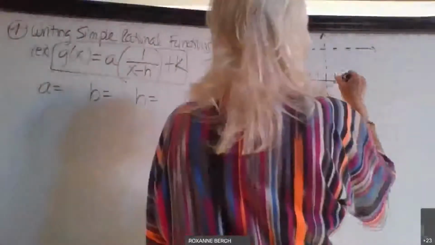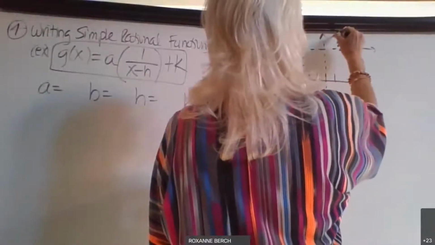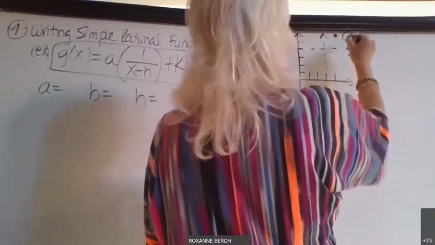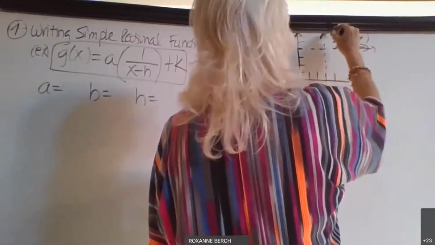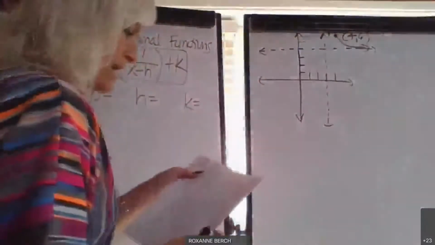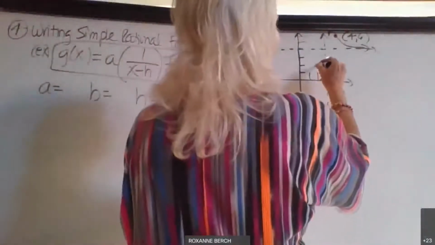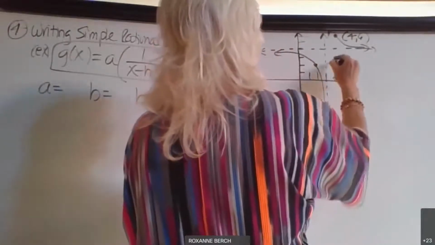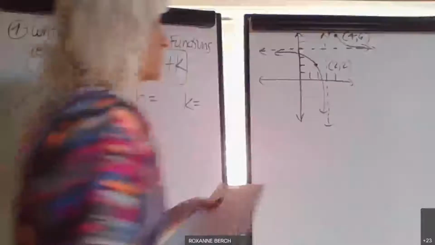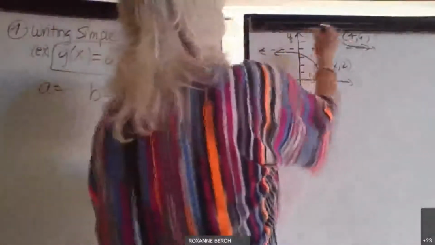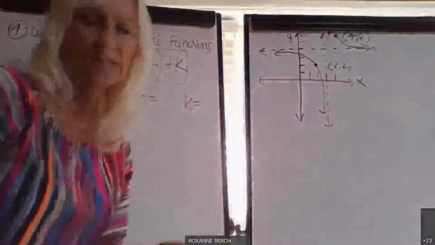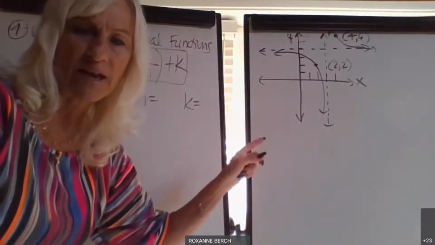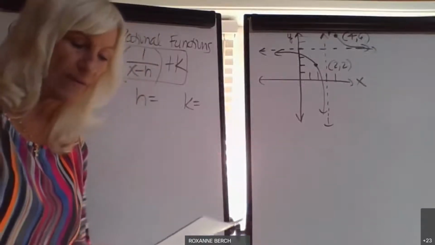One point is at 4, 6. And the graph looks like this. And the other point is at right 2, up 2. And the graph looks like this. Okay, does everybody see what I'm saying? They're giving you a vertical and horizontal asymptotes, and they're giving you a couple points on the graph.